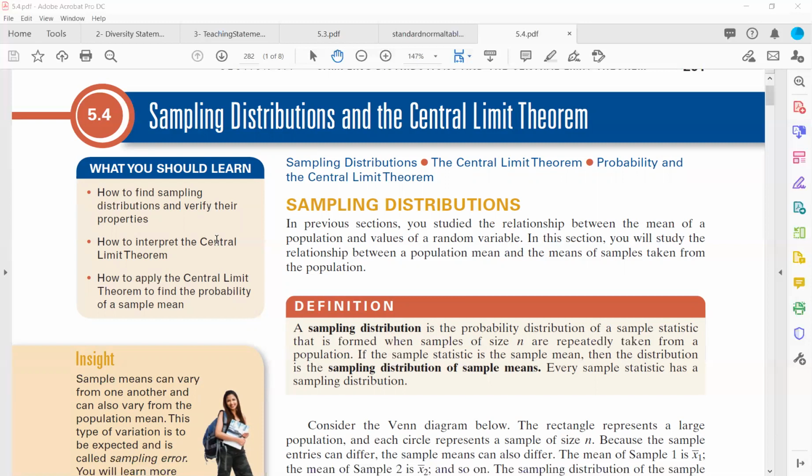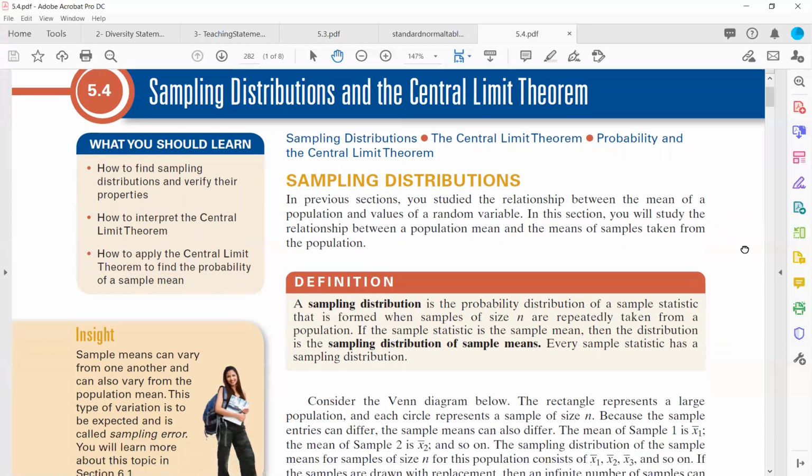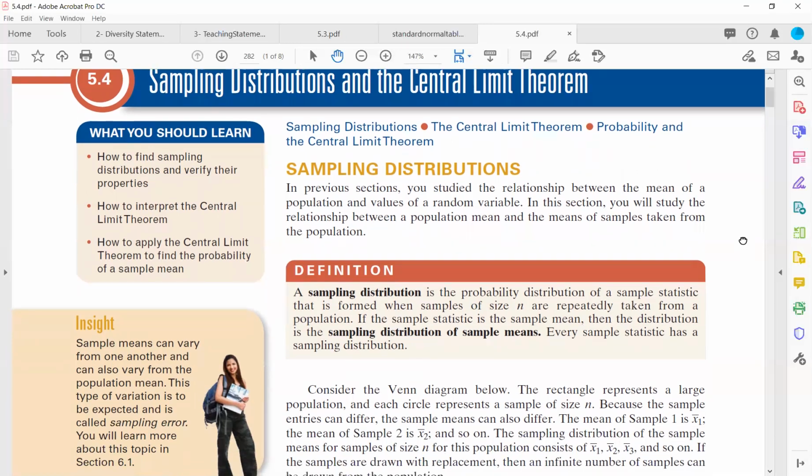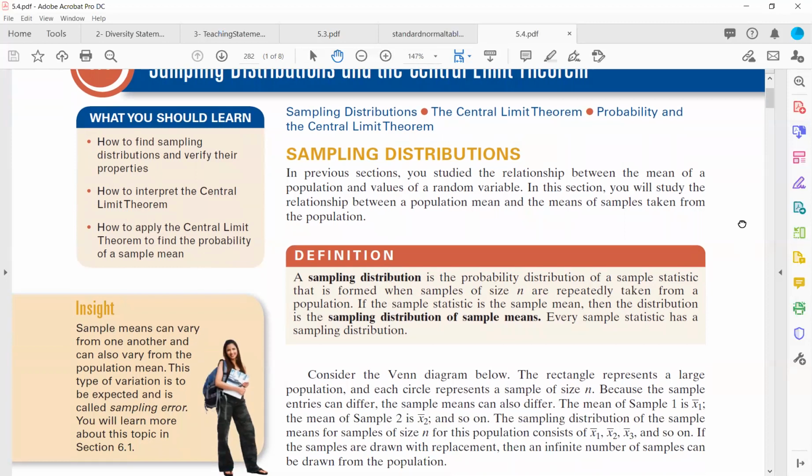What you can do is work with either the proportion or the mean of your sample. This method is called the sampling distribution of the proportion or the sampling distribution of the means.